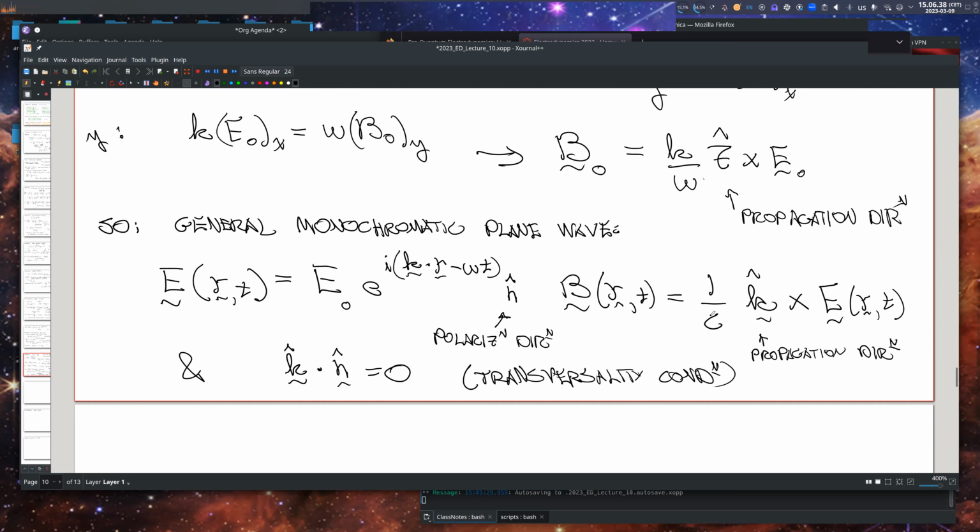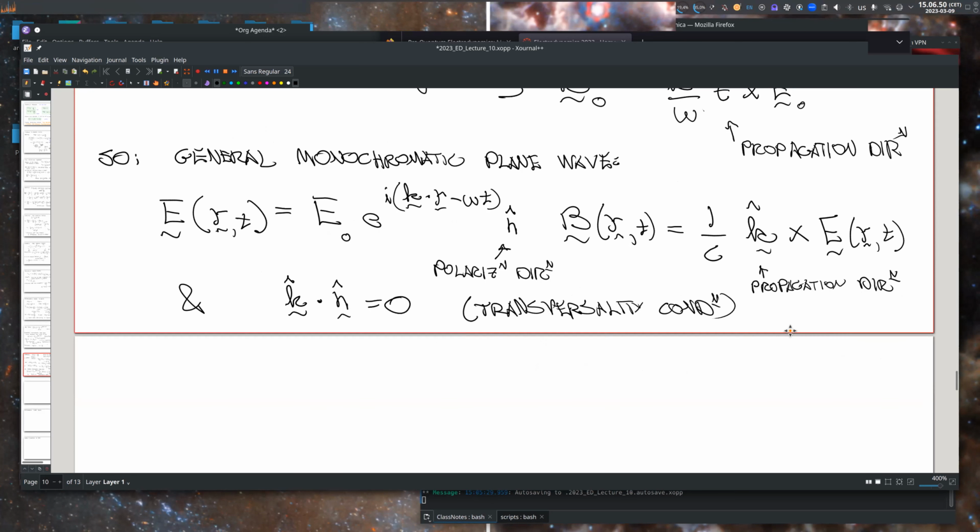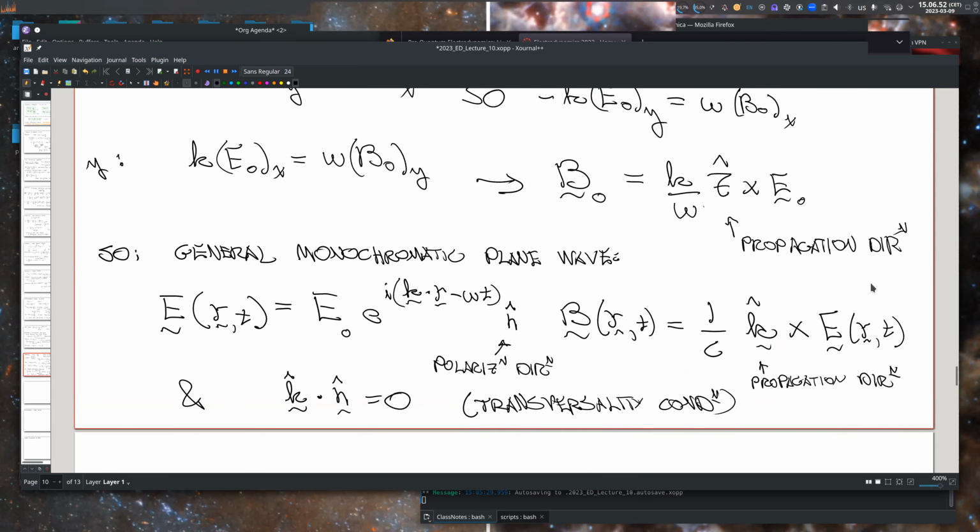Of course, with the understanding that the actual physical fields would be, say, the real part of that object here. Okay? Is that okay? Have you actually done this in your first course a bit? So maybe you need a refresher of this, but this should also look very similar to what you've done. Okay.